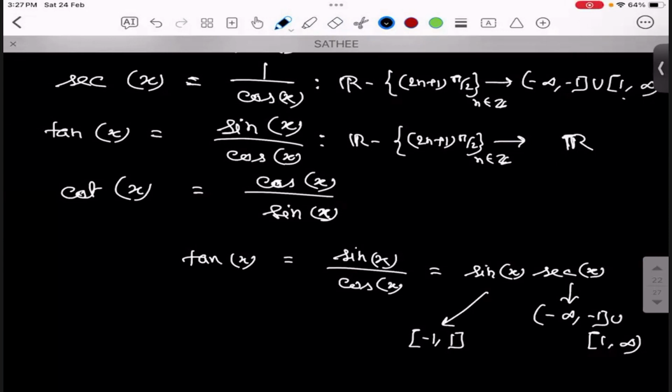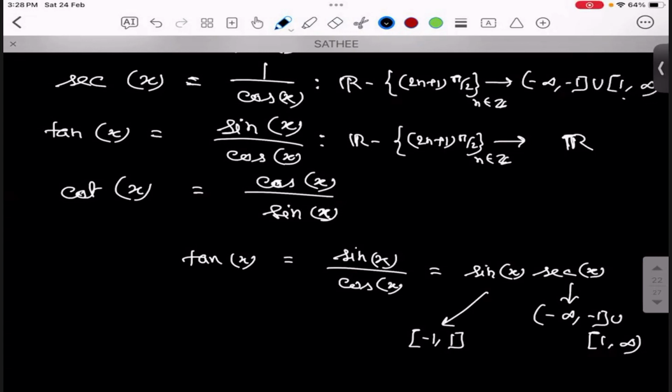Now if I increase the value from 0 by a very small amount, then sin x will give some value between minus 1 and 1, and cos x will not be far from 1 or minus 1. Like 1 by cos x, that is sec x, will not go far away from minus 1 to 1.